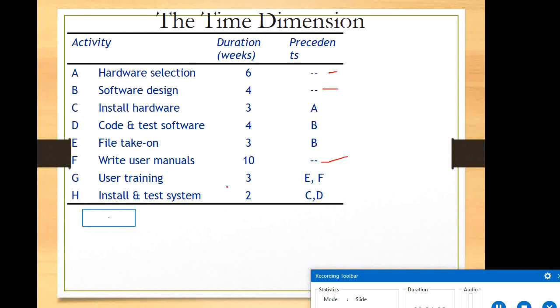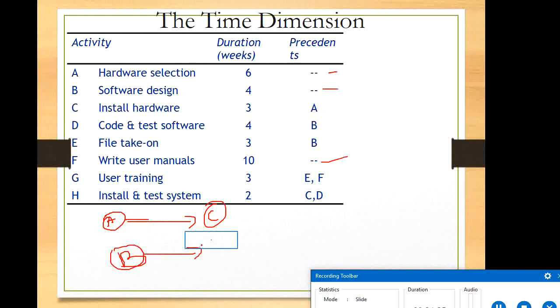So activity on node, for example, if we want to start A, right? A is preceding to C. Directly we can see here. Then B preceding to D, you can take here.